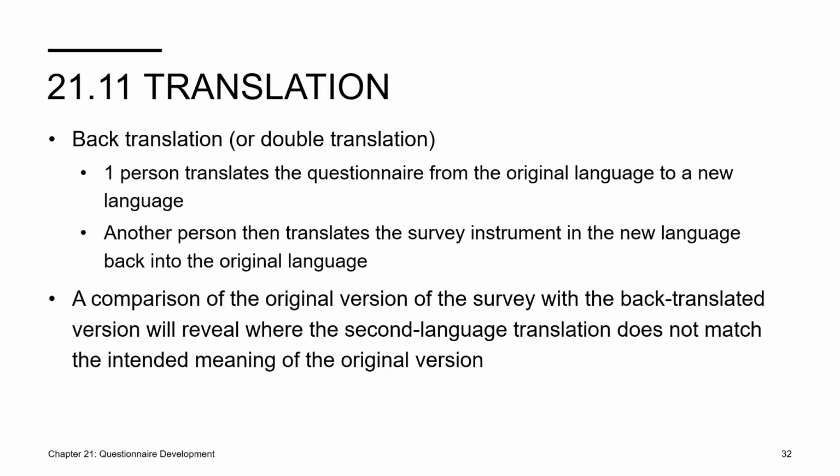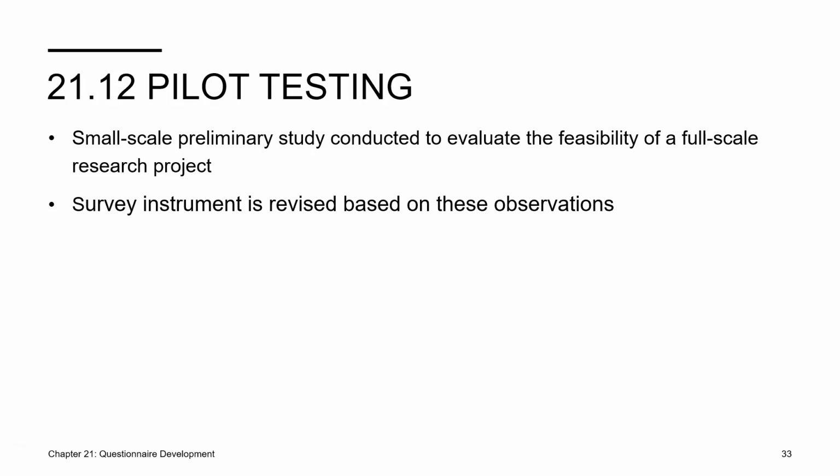A comparison of the original version of the survey with the back-translated version should show any potential issues that may have occurred with the translation. It could also be the dialect of the population that you're using. You want to make sure you have someone that speaks that same dialect. For example, if someone is translating into Spanish and they're from Spain, it may be different than if someone is from Mexico.